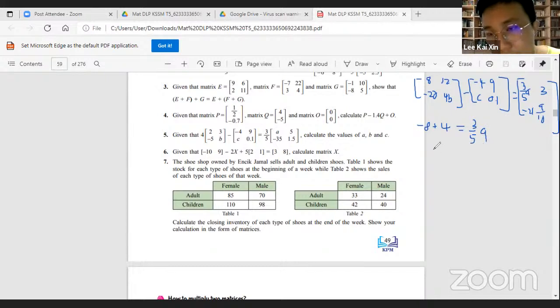So -8 plus 4 is -4 equals 3/5A. So in the end, A will get -20/3. Okay, we get -20/3.